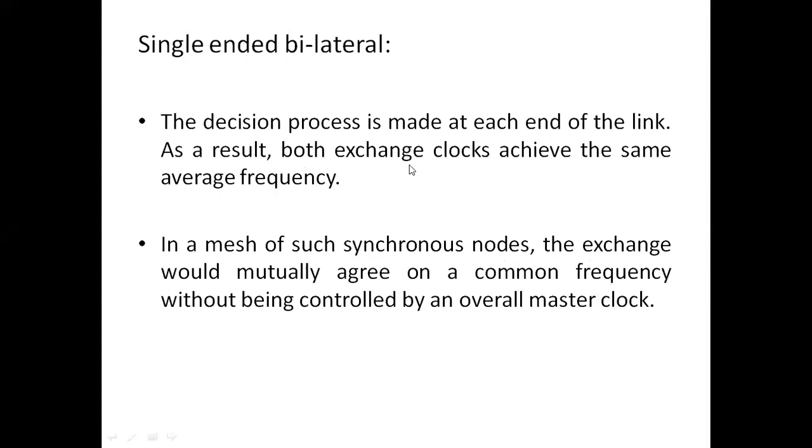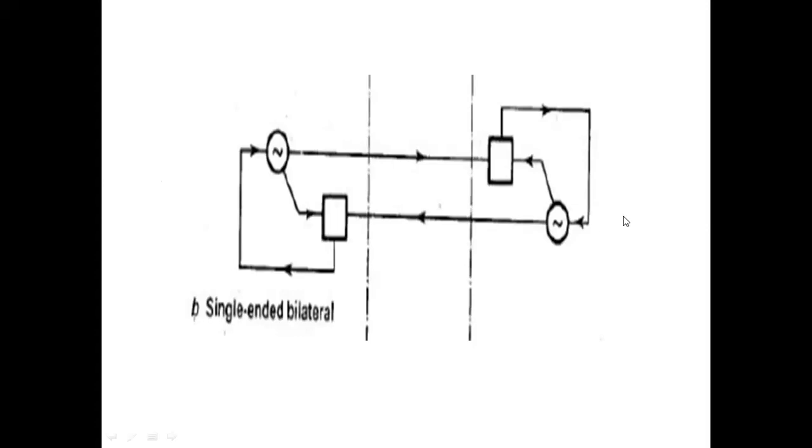In the two-exchange case, it is a mutual understanding between exchanges A and B. If an exchange is connected to one or more exchanges, you have a master clock to determine the average frequency with which they should operate. This is the arrangement for the single-ended bilateral network.